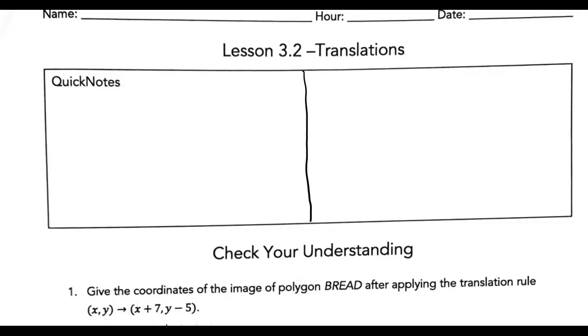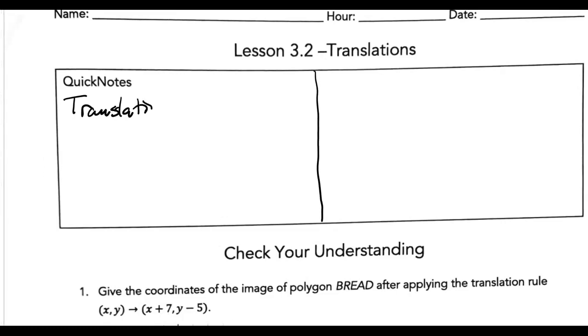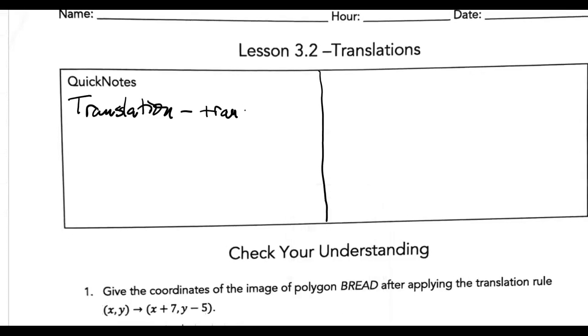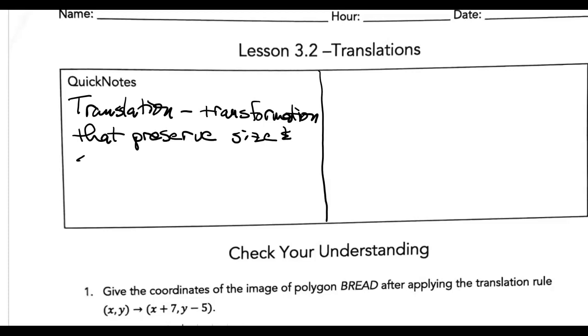So first, for a translation, this is a transformation that preserves size and shape.